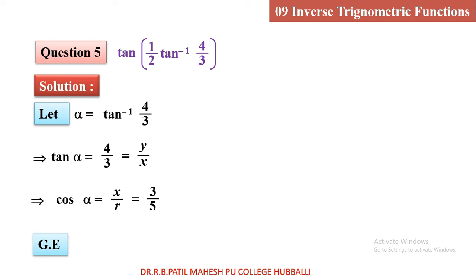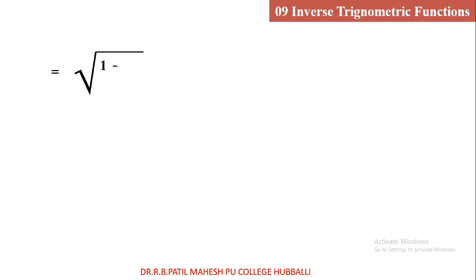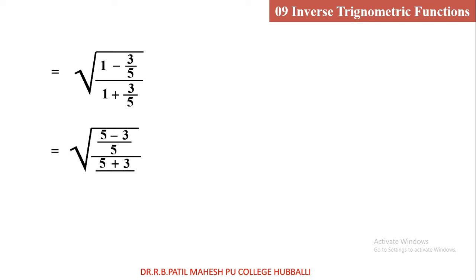So the expression will become now tan alpha by 2. So for tan alpha by 2, just now a formula, that is root of (1 minus cos alpha) upon (1 plus cos alpha). Replace the cos alpha value here, cos alpha is 3 by 5. So on simplifying, (5 minus 3) upon 5, over (5 plus 3) upon 5. 5 and 5 will get cancelled.